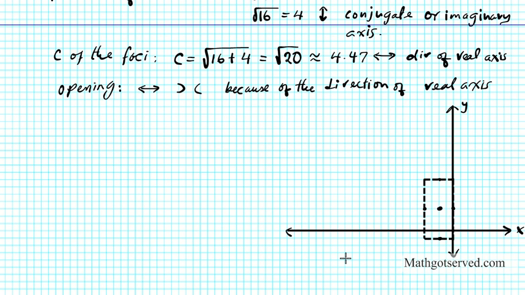Now, what we're going to do next is graph the asymptotes. That's going to guide the graphing of our hyperbola. To graph the asymptotes, all we do is connect the diagonals of our central box. So through this, make a straight dotted line.